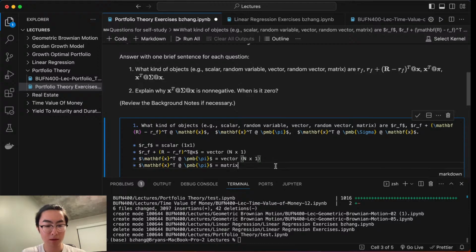Okay, then X transpose sigma. So it'll be 1 by n times n by 1.